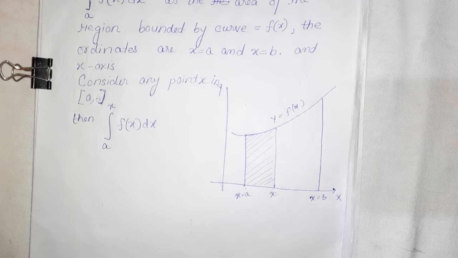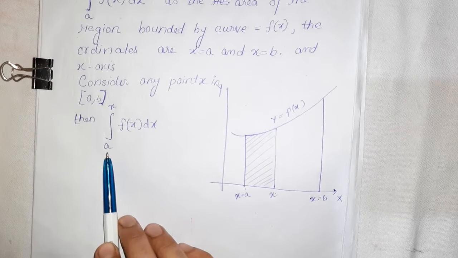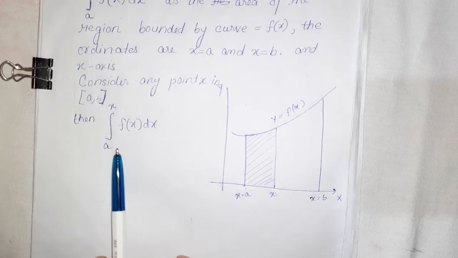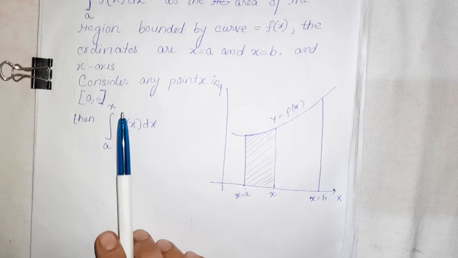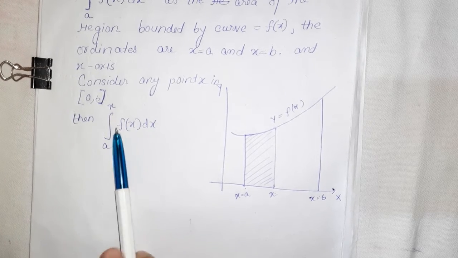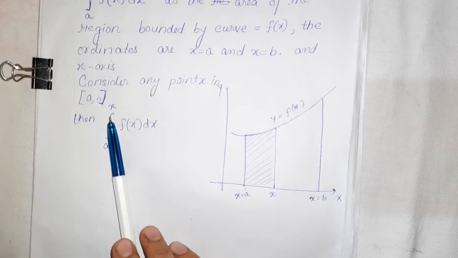And the area of this region depends upon the value of x. What will it depend on? This is a constant, already constant from before; whatever value of x you take, x is a variable, so the value of this integral, the value of this area, will depend upon x.